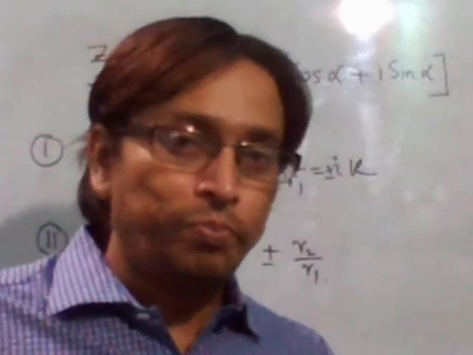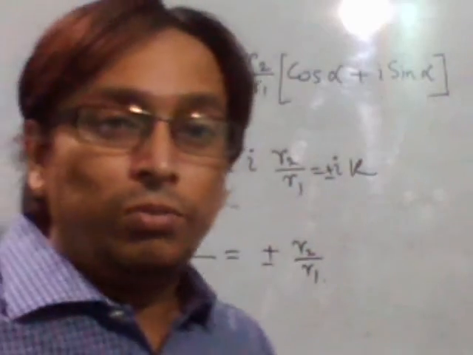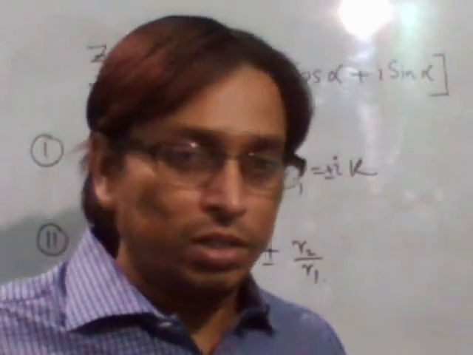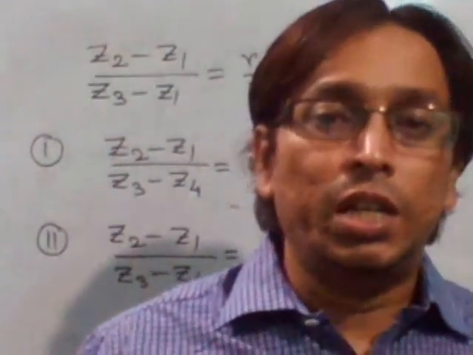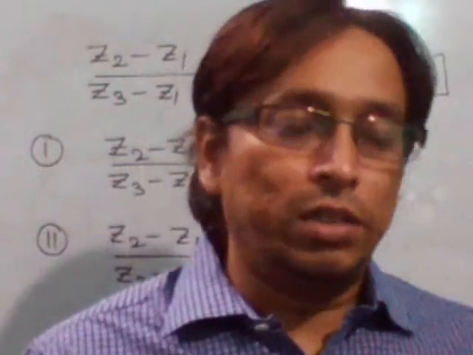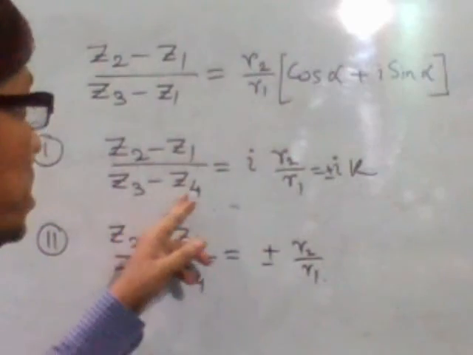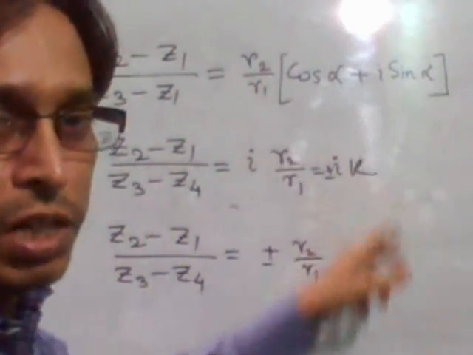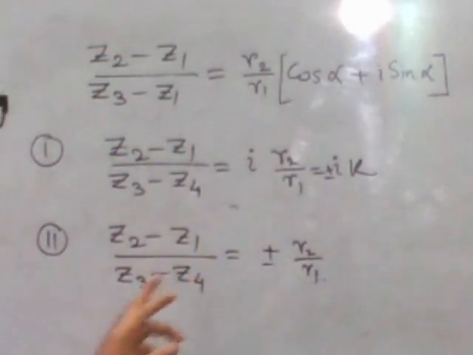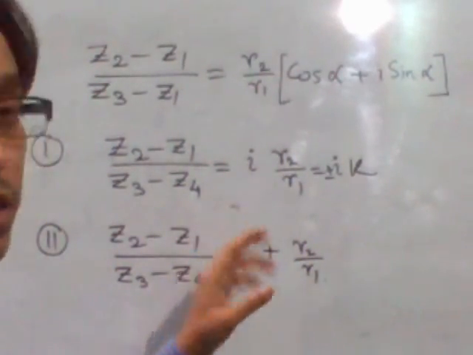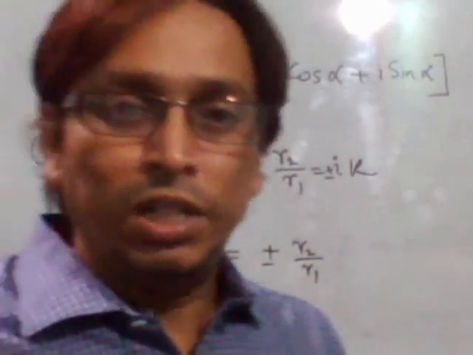So this is the corollary we can get from the angle between two vectors. This is the basic thing when we find the angle between two vectors in the Argand plane, and the corollary is that if Z2 minus Z1 by Z3 minus Z4 is purely imaginary, then they are intersecting at right angles, and if it is equal to plus or minus some constant, then they are in a straight line, they are collinear.